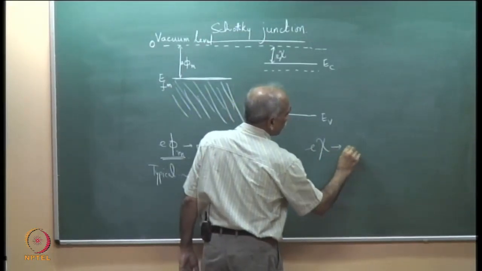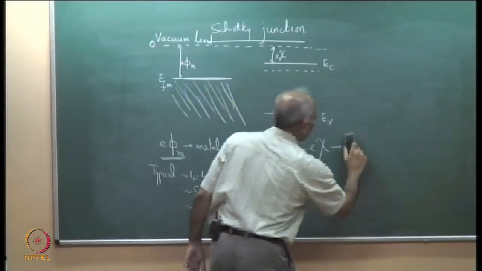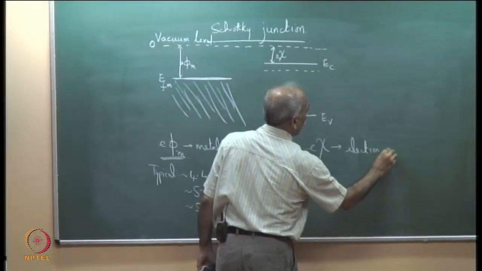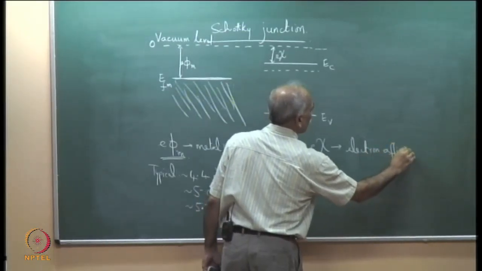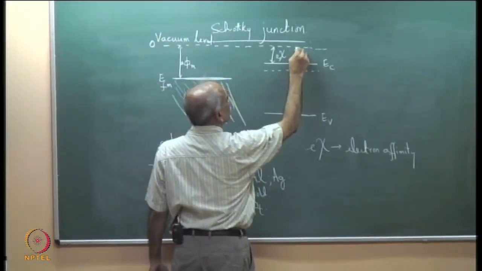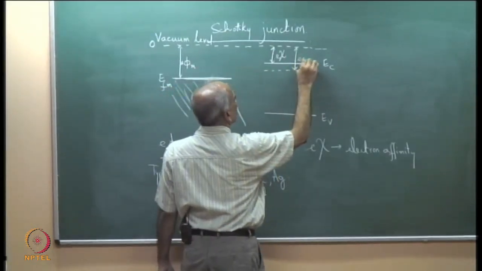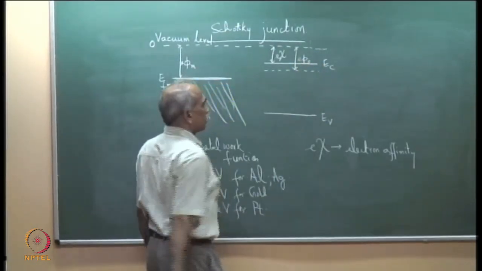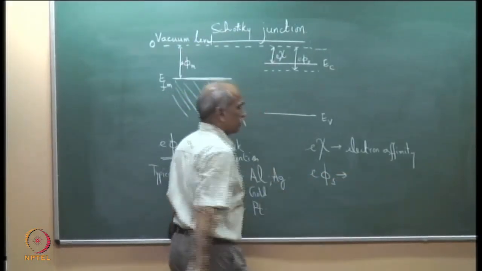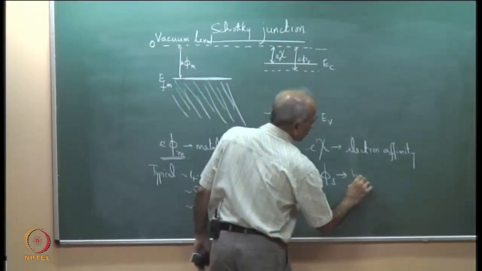Sometimes people call chi the electron affinity. And this is E phi s, the work function of the semiconductor. Although normally we don't use the work function of the semiconductor, it is analogous to the metal, so we have the work function of the semiconductor.